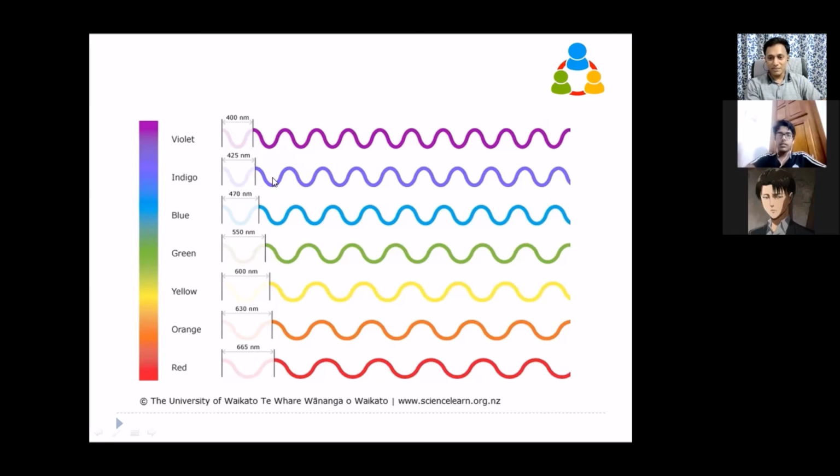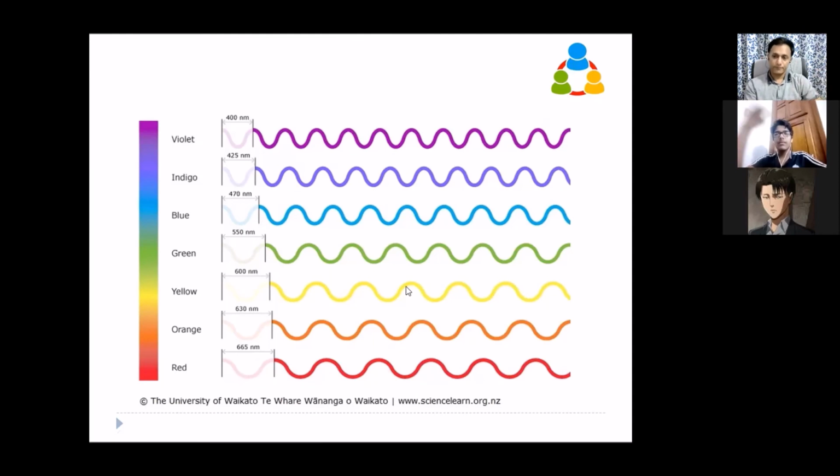But blue is shorter, so through the inside it can go. So that is why you see the sky as bluish normally. But during early morning and evening, sun is a bit far off, you see, in the horizon.